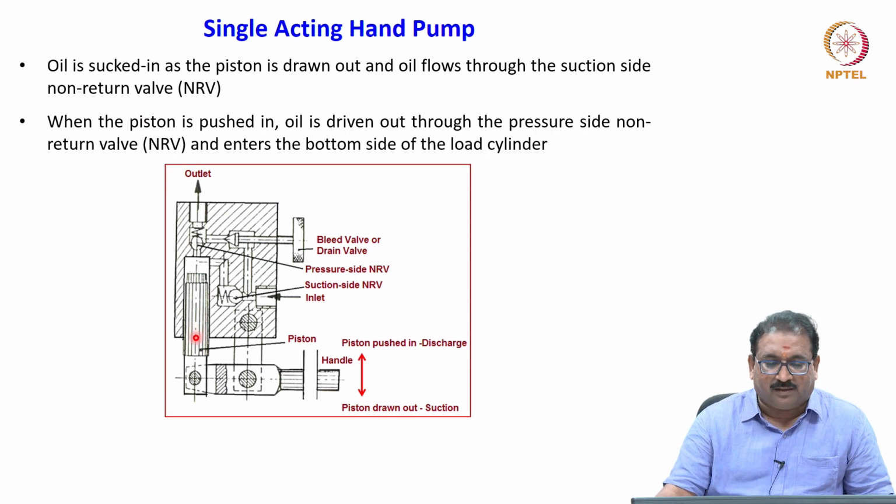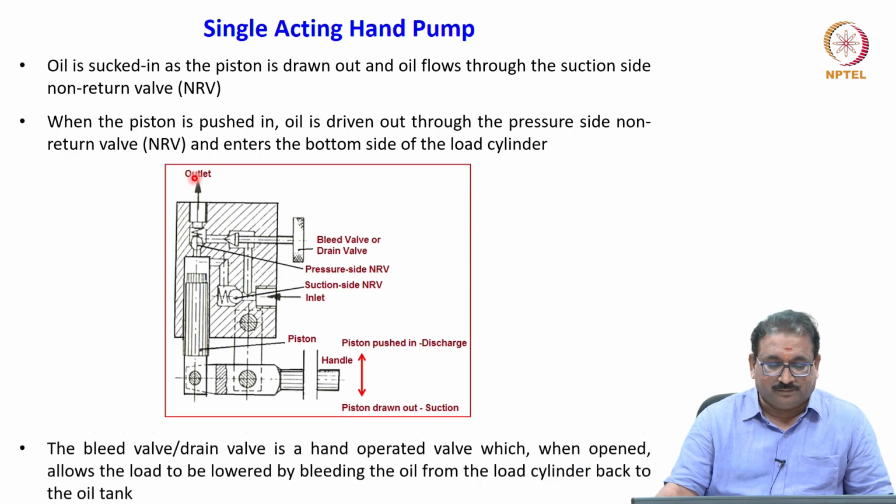When the piston is pushed up, oil is driven out through the pressure side NRV and enters the bottom side of the load cylinder. Load cylinder I have not shown here. The outlet is going to the load cylinder to move it up and down.